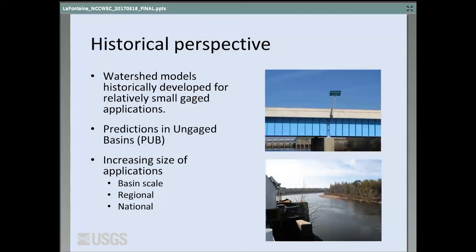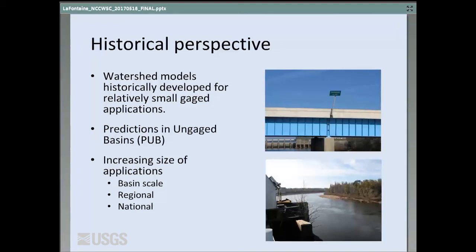And so there was a lot of work done over the past 15 years as part of the Predictions in Ungaged Basins project, and they're really looking at, how do we get from where we have information to then say something useful about places that we don't have information, or maybe some place that has streamflow information, but it's affected by water management or water use or some other mechanism or process.